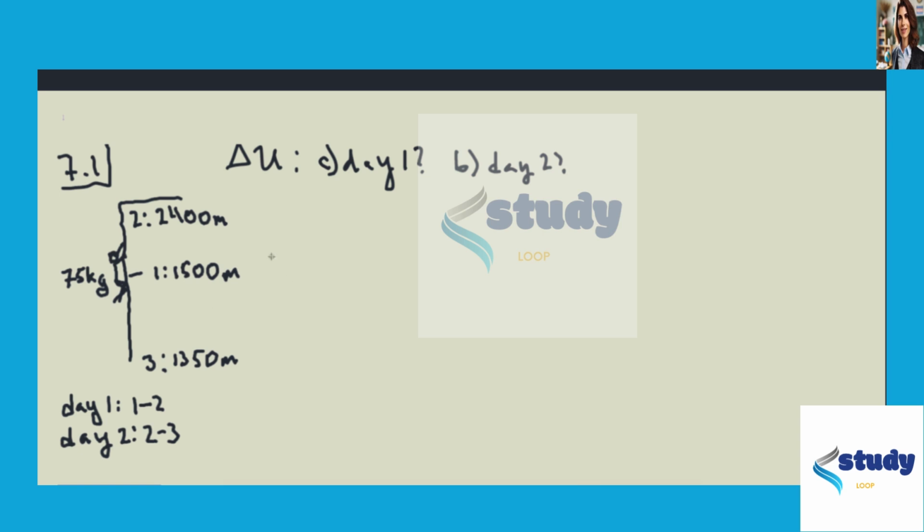So we know that the gravitational potential energy is equal to the mass of the object times the acceleration due to gravity times the height, or the y-coordinate, or whatever you like.